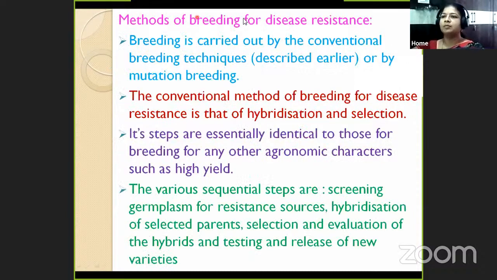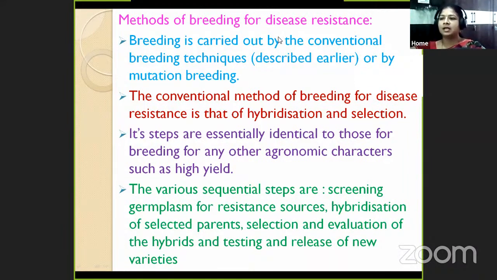Methods of breeding for disease resistance. There are some methods for breeding for disease resistance. Breeding is carried out by the conventional breeding techniques described earlier.